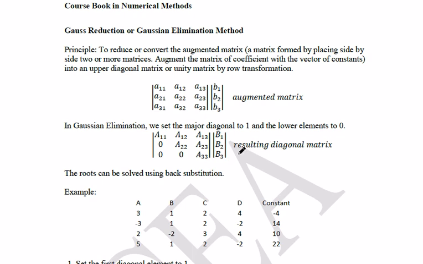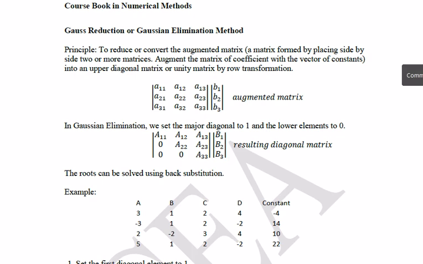So we will end up with an upper triangular matrix with values, and the lower triangular elements will be 0. That is our target in solving using the Gaussian elimination method. So we need to zero the lower elements of our matrix.